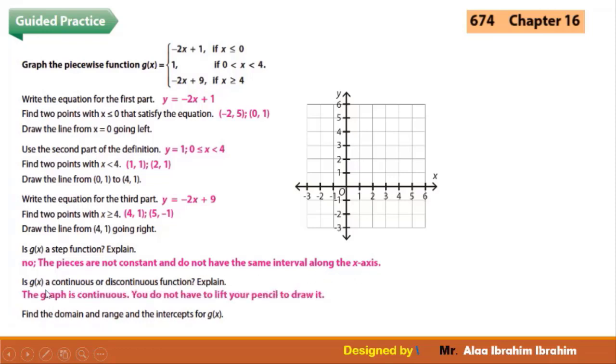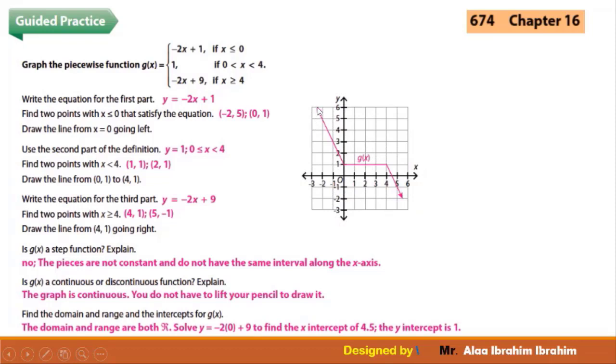Is g of x continuous? The graph is continuous. You don't have to lift your pencil to draw it. If you complete from here, you have to start again from here.